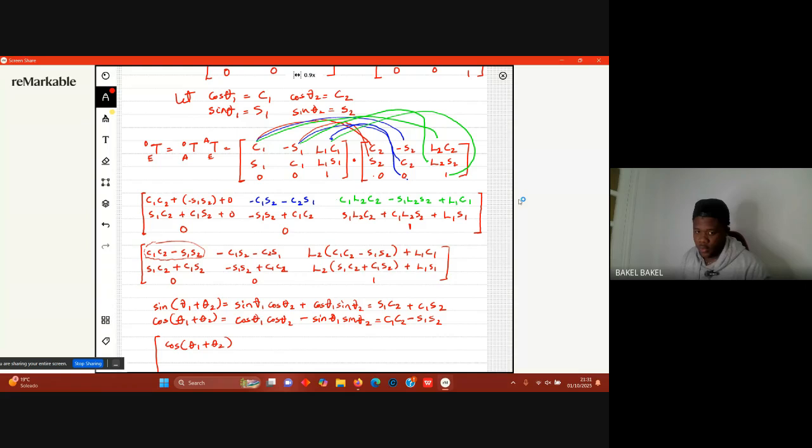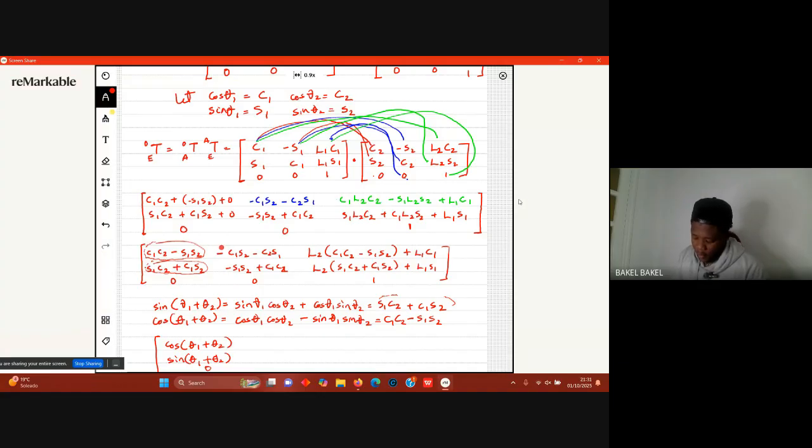Simple substitution. Then we see this, which is this here, and it becomes sine theta 1 plus theta 2. And then this place becomes 0.